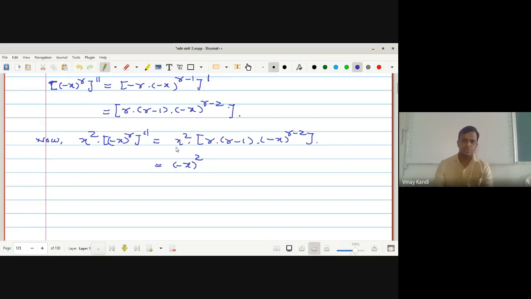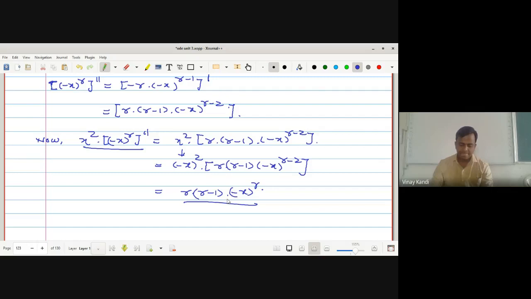Both the values are the same, so r into r minus 1 into minus x raised to r minus 2. We adjusted the value here. So that implies r into r minus 1 into minus x raised to r. So the value of this one is this. Any doubt up to here?